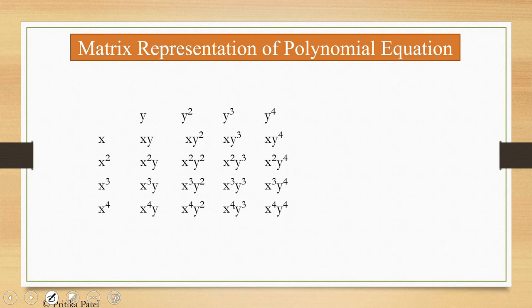In this way, x, x square, x cube and x raised to 4 are there. Same way here y square, y cube and y raised to 4 are there. Now multiply x and y. So xy is here.